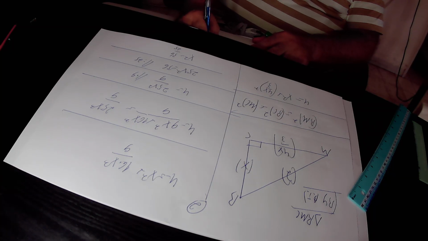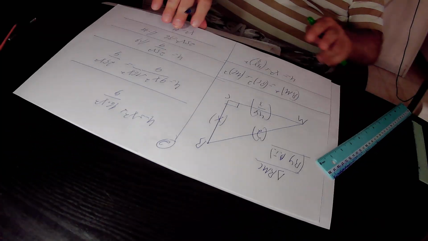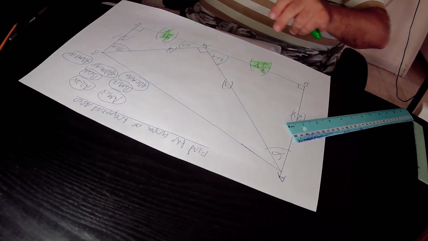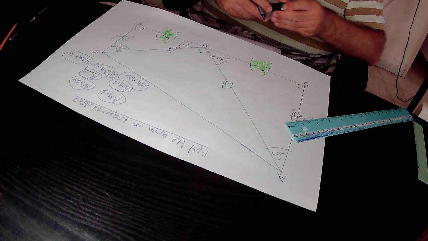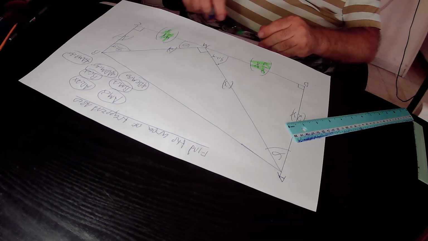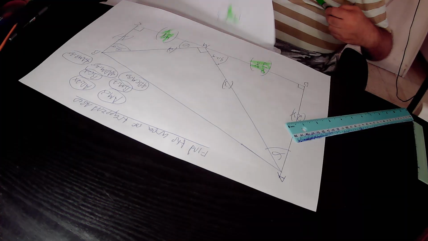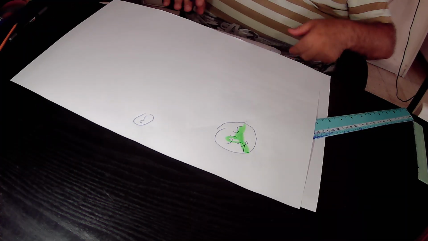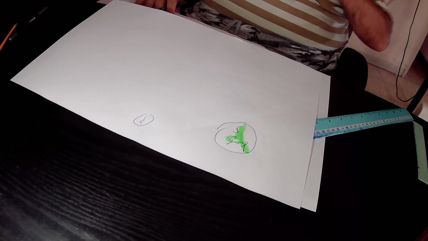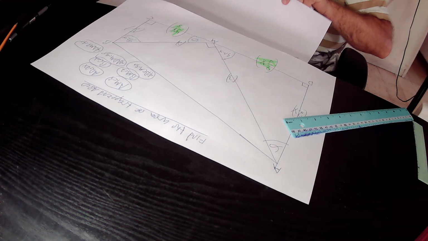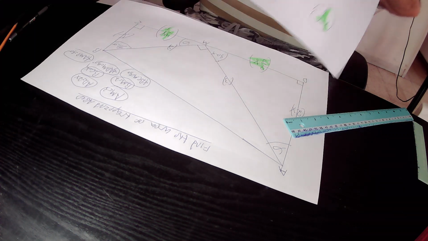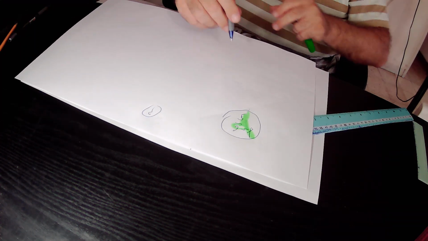So in total, we found out that x equals 6/5. Our mission is to find the area of this trapezoid ABCD. So what is the area of trapezoid ABCD?